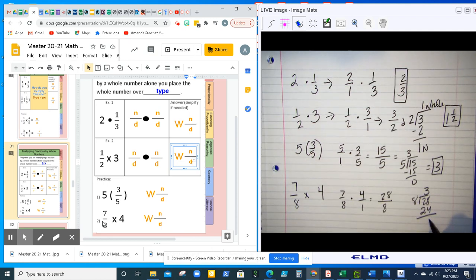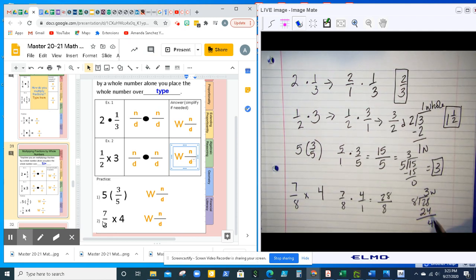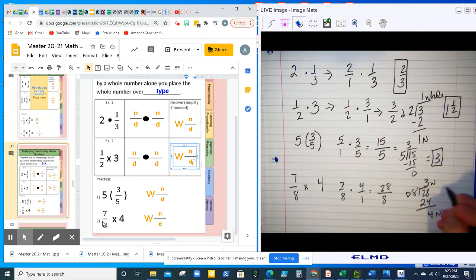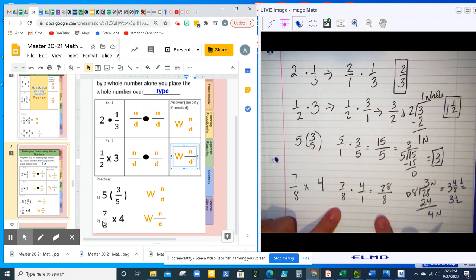And then you're left with 4. So this is the whole number, numerator, denominator. So 3 and 4/8, which simplifies to 1/2. So 3 and 1/2.